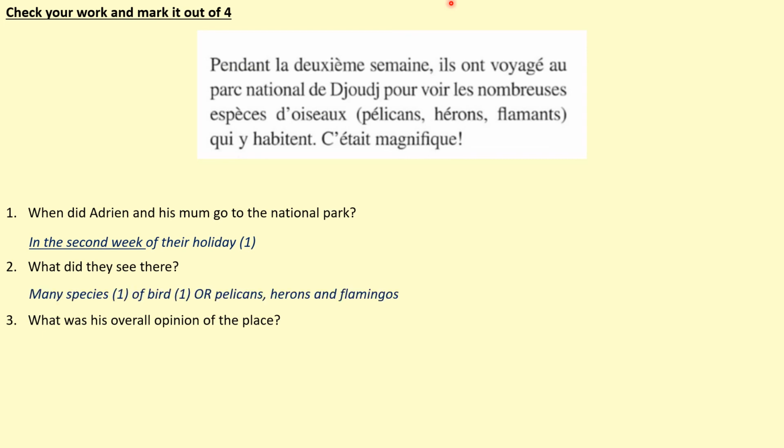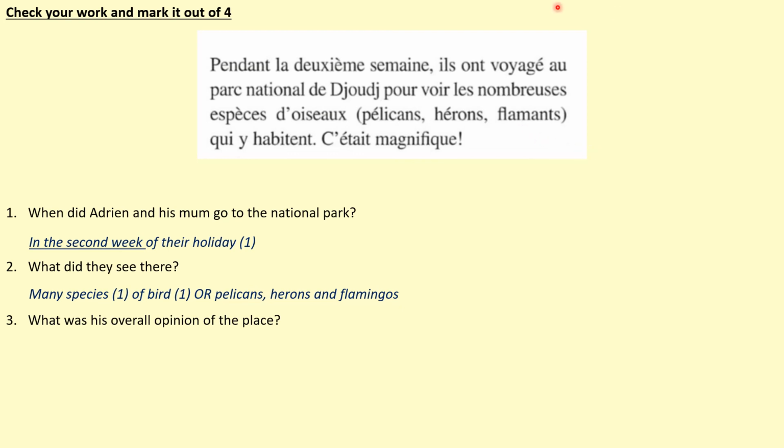They saw many species, les nombreuses espèces, that's worth 1 mark, d'oiseaux, of bird, that's your second mark. You could also have 2 marks if you wrote down the types of birds. Pélican, pelicans, héron, herons, flamand, flamingos.